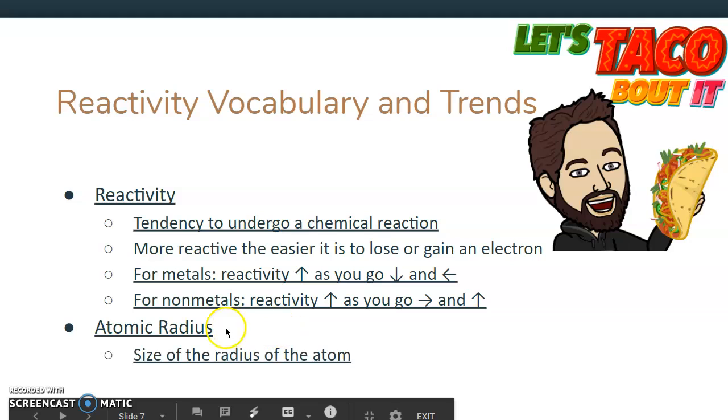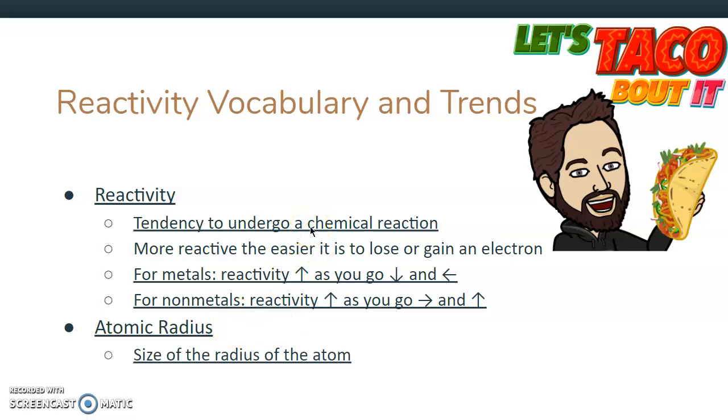So the last thing we're going to talk about is our atomic radius, which is the size of the radius of the atom. So our radius, if we do not know what the word radius means, if we have a circle, such as a watch with hands, this hand that is the longest one going all the way to the outside of the circle is our radius.